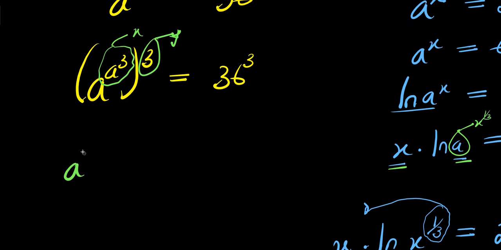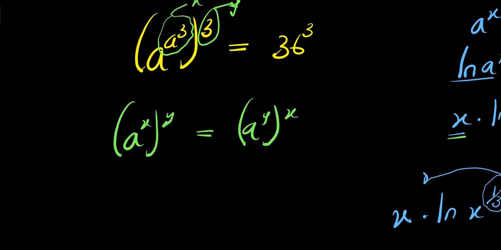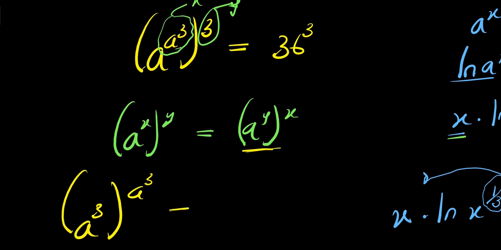So I have (a^x)^y, and this equals (a^y)^x. So let's switch the powers. That means a^3 here, which is my x, will come outside and y comes inside. So we have a^3, that is, using this, my y is 3, raised to the power of x, which is now outside, and x is a^3. And this equals 36^3.